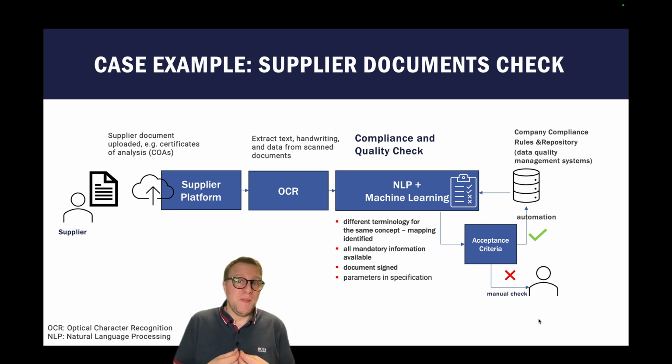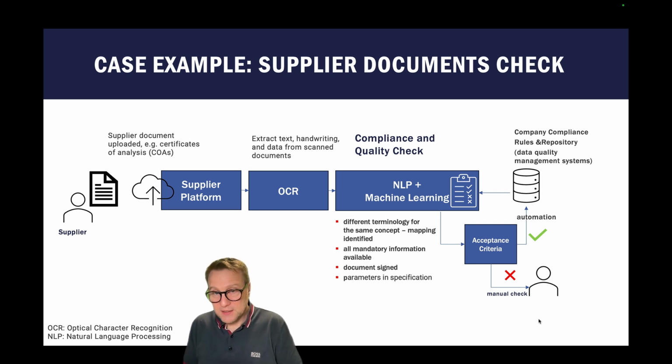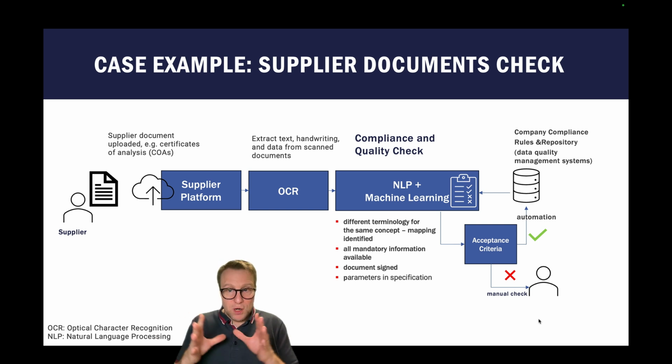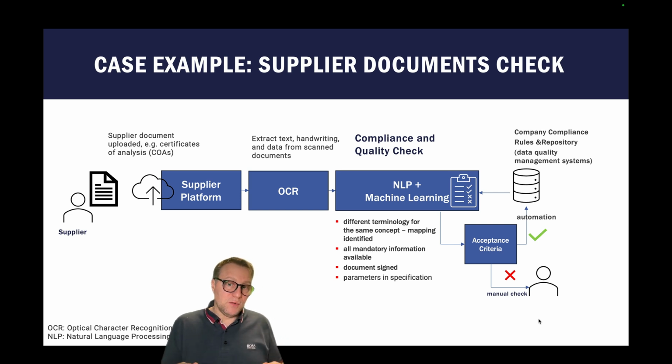Normally you will get many names for the same topic and you have to check if all mandatory information is there. You have to check maybe if the document is signed. Is it within the specification of your systems? And then you could push it to your enterprise resource planning system or to your enterprise systems where you archive these documents. And typically a human person will still have a look at the acceptance criteria.